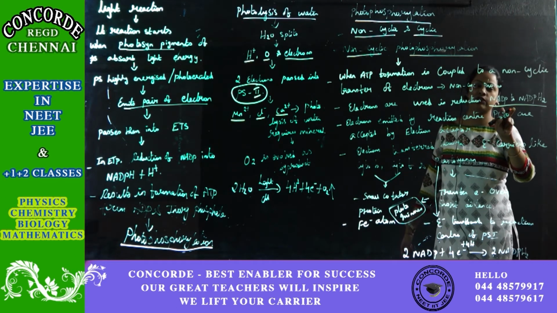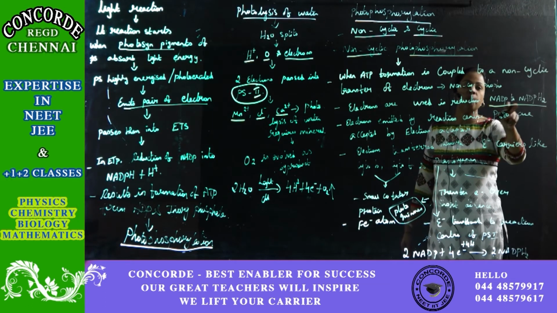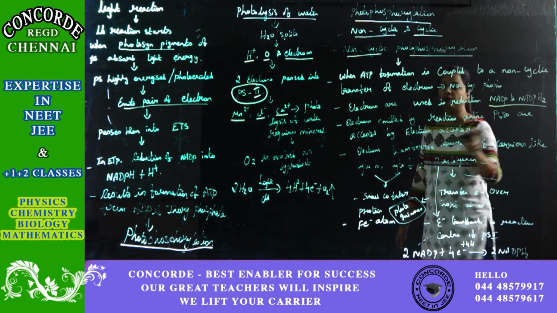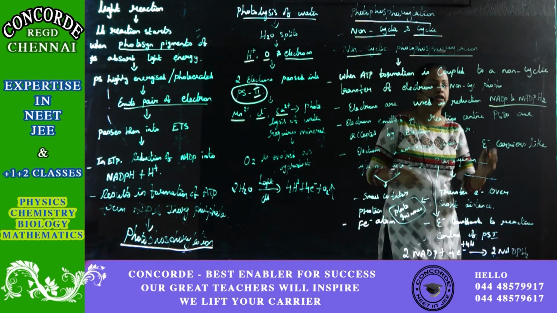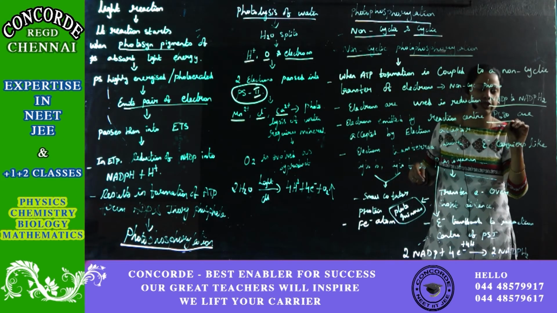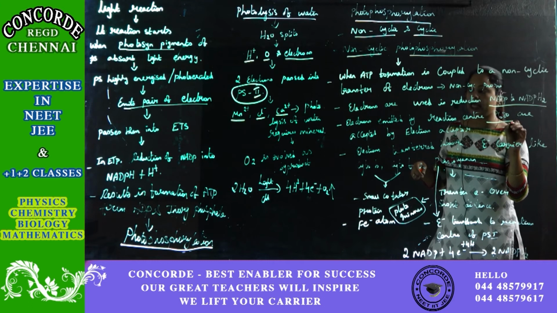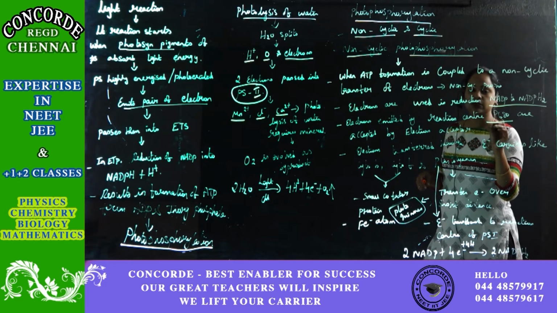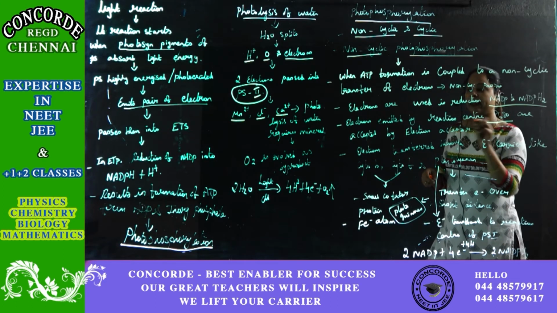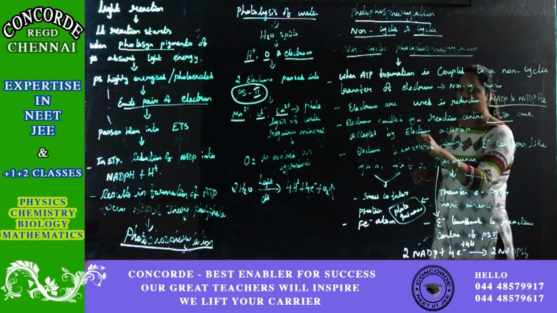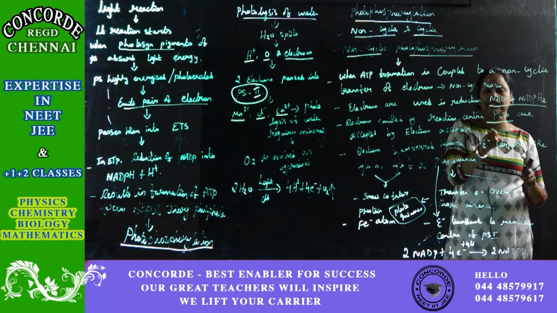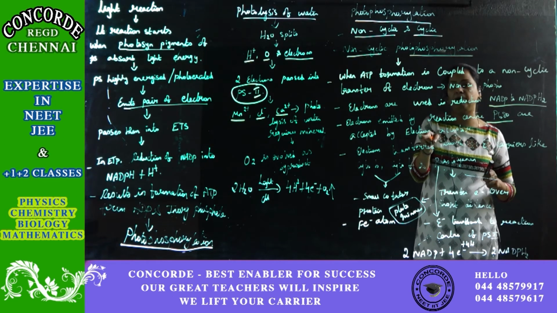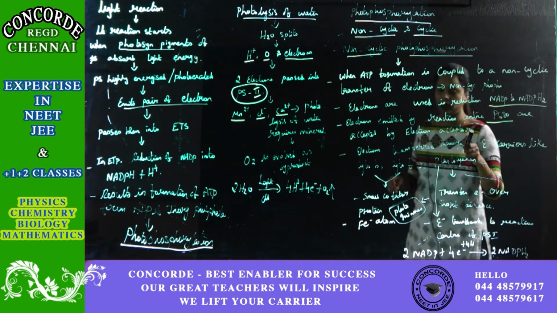Once electrons are emitted by the reaction center, which here is P680, they are accepted by electron acceptors.